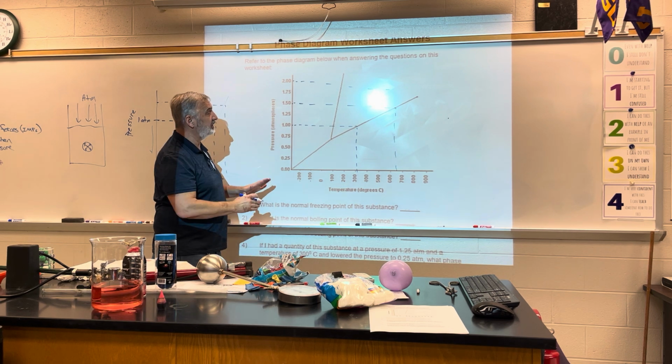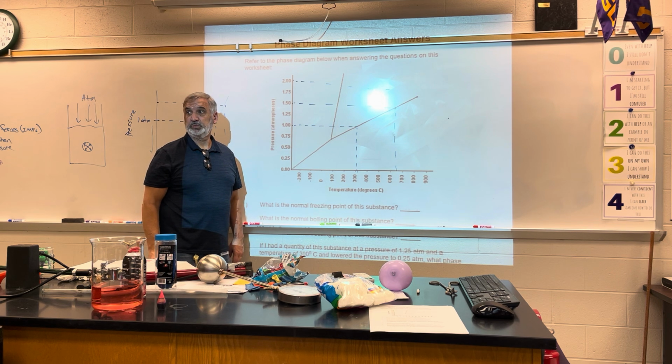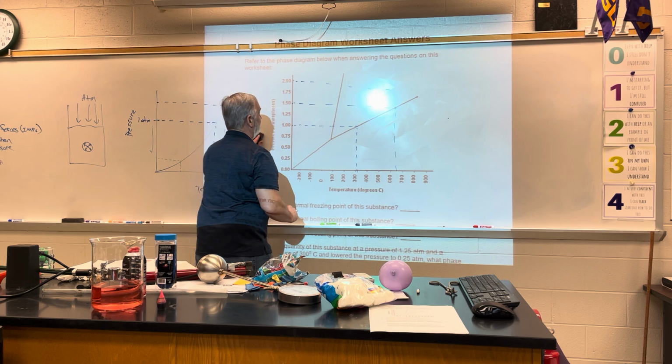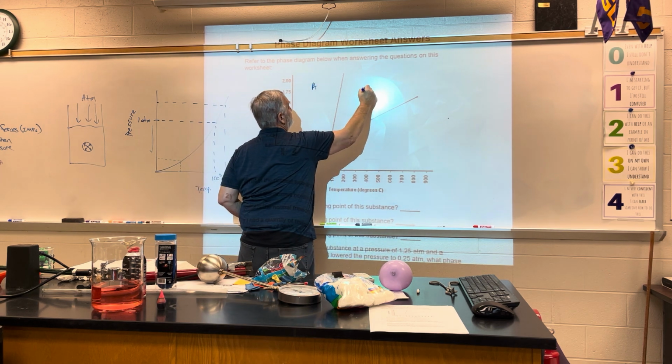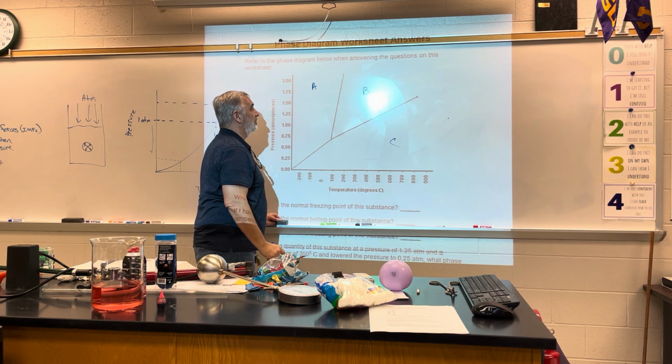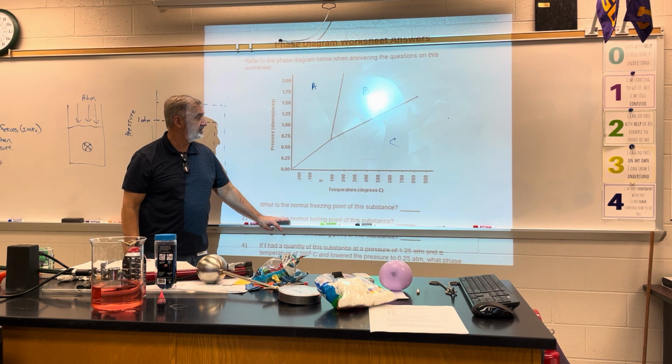So if I'm looking here, where do you think solid, liquid, and gas are? Okay, I'll make it easier to answer that question. Here's A. Here's B. Here's C. Which section do you think is a solid? Look at your temperatures. Okay.